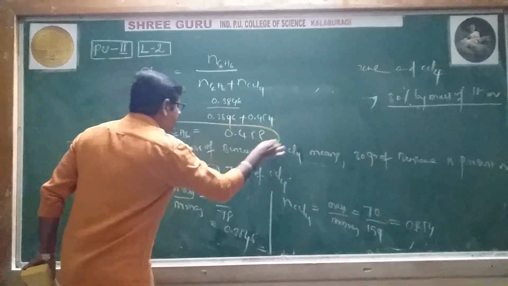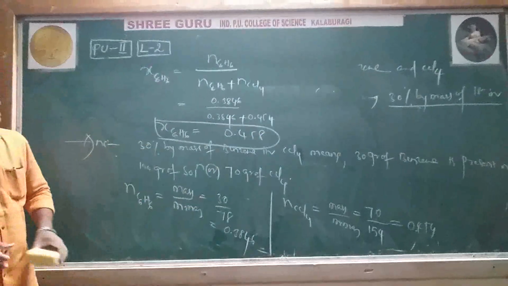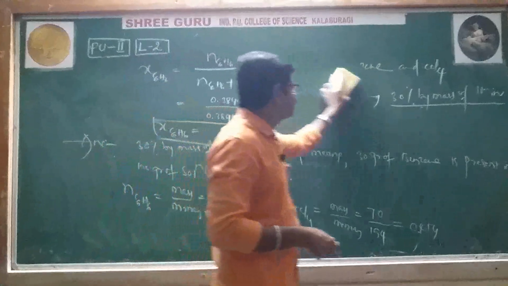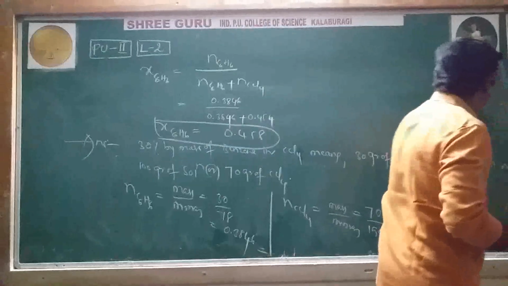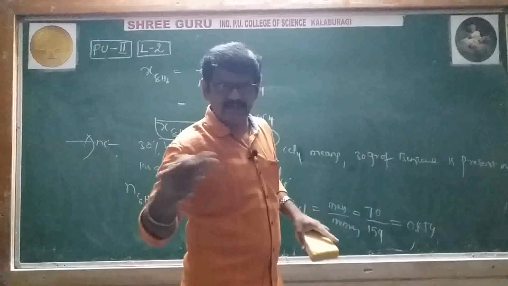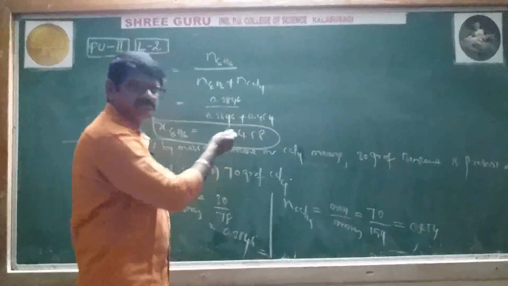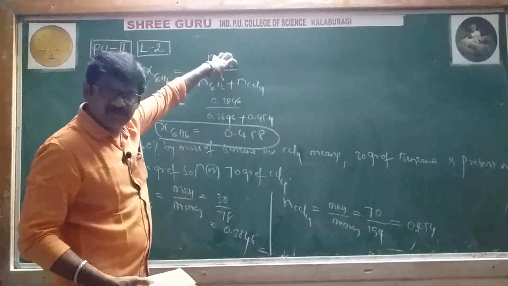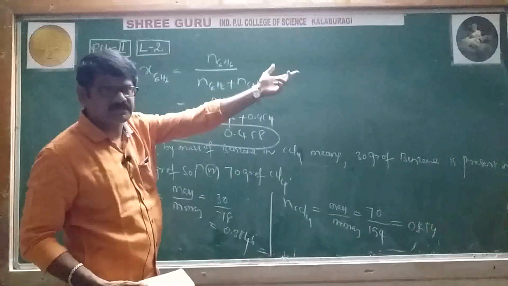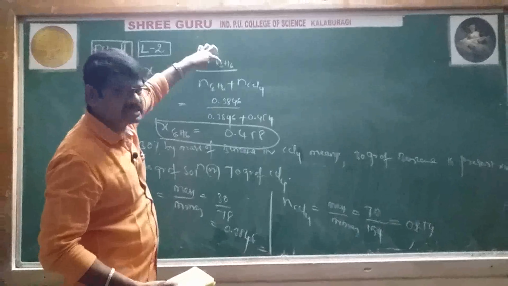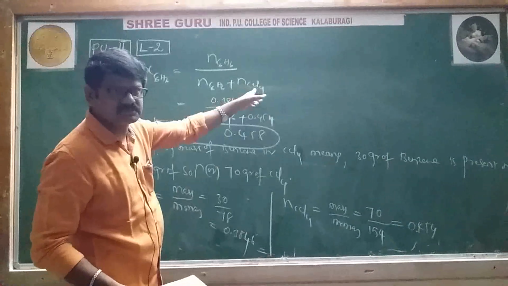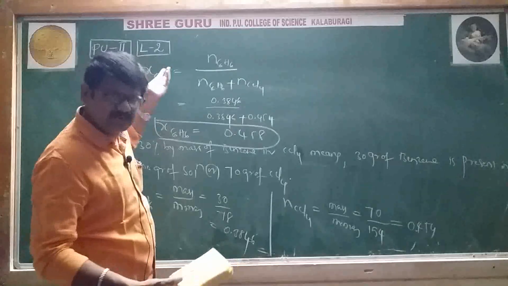We are getting one component's mole fraction calculated. Then the other component's mole fraction you can calculate directly. That method is already known to you. That is directly 1 minus this value you can do, or with the help of this formula also we can calculate. This formula means here what we will write? Number of moles of carbon tetrachloride by total moles, we will get the mole fraction of carbon tetrachloride.